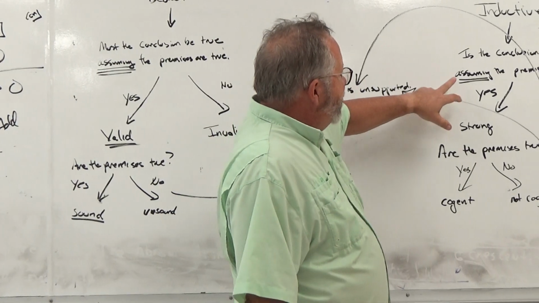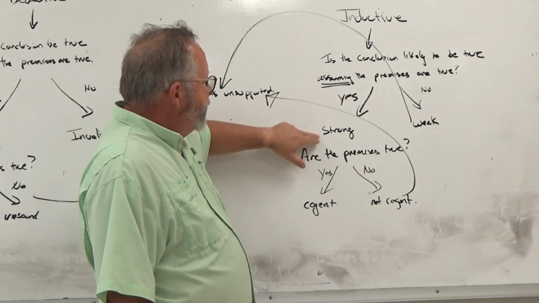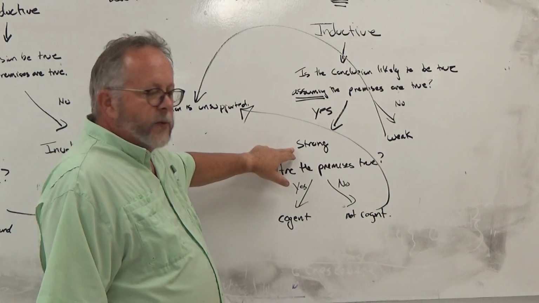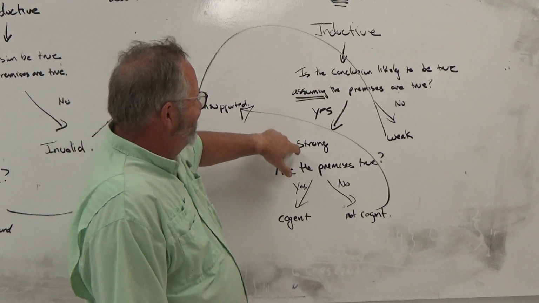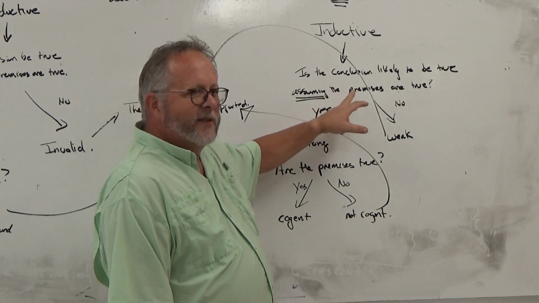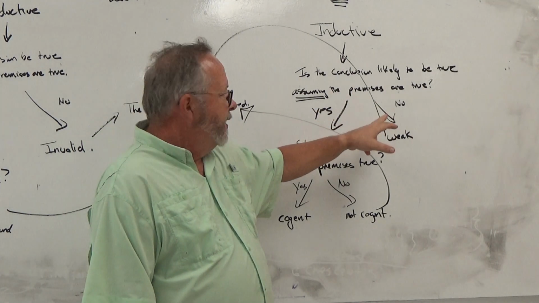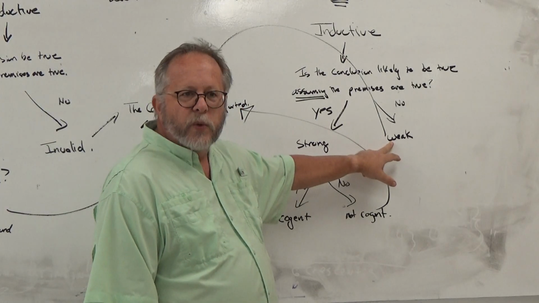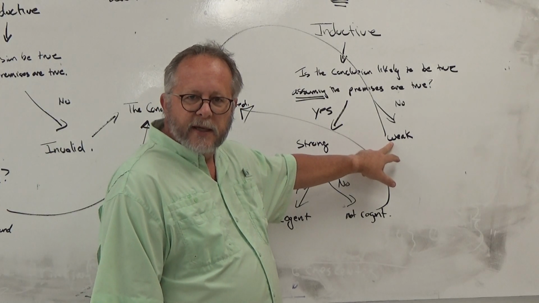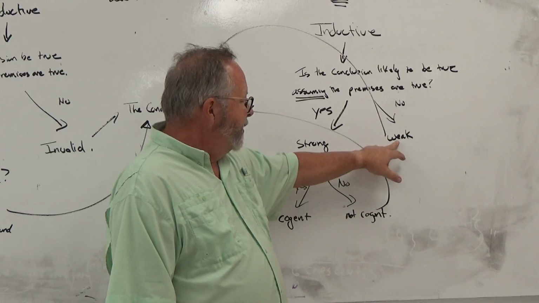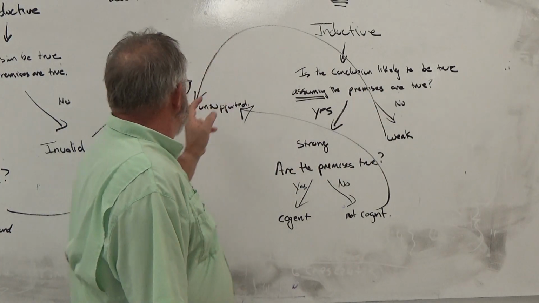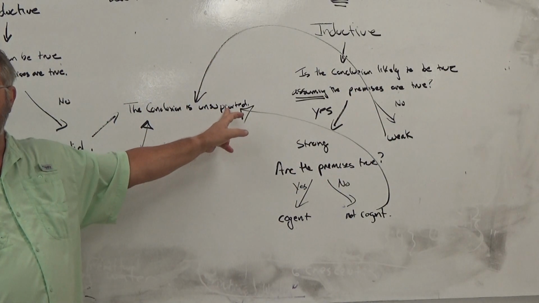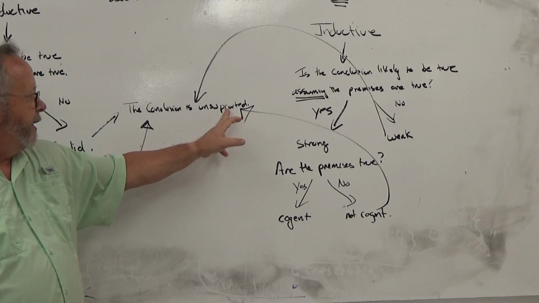If we say yes, it's likely to be true, we say the argument is strong, okay? If we say, well, those premises really don't have anything to do with the conclusion, then we say it's weak. Does everybody understand that? And if it's a weak argument, they have not supported the conclusion. That's what we would say, okay?